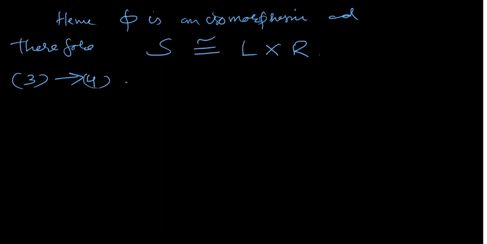So suppose we have a left zero semigroup and a right zero semigroup such that S is isomorphic to their cross product.